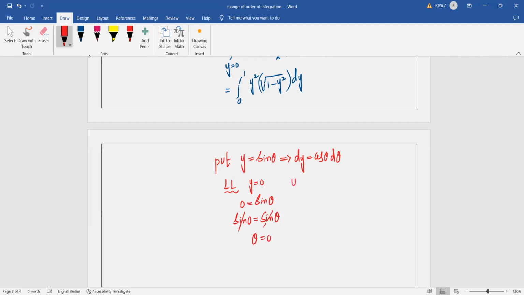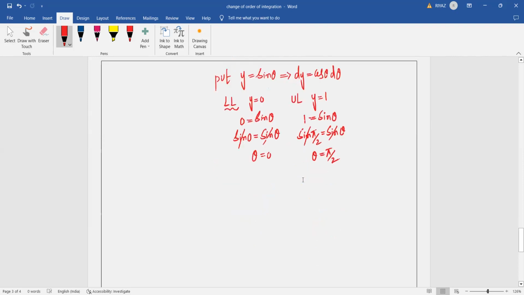Upper limit: y is equal to 1 means 1 is equal to sin theta, and 1 is sin pi by 2, so theta is equal to pi by 2. These all values we have to put and then integrate.